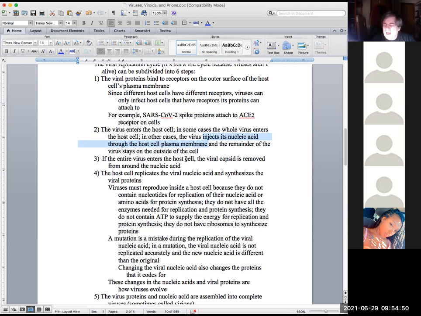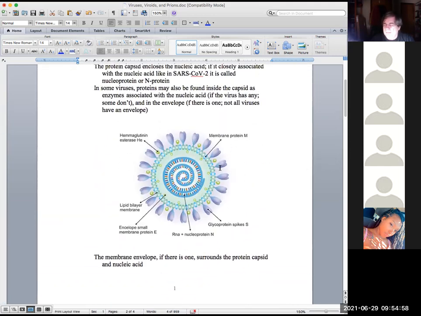If the entire virus goes in, then the next thing that has to happen is we have to take off that viral capsid. So remember that capsid is the blue curlicue of proteins. We have to take that off so that we get our nucleic acid all by itself.